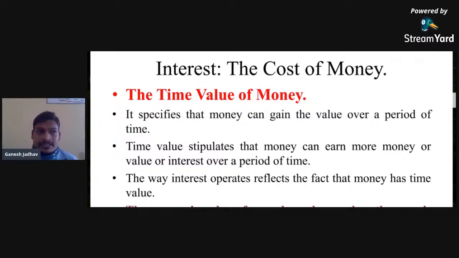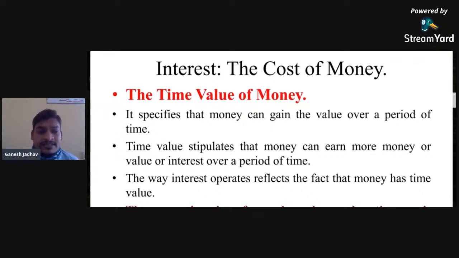If you have taken the money for 6 months, you are required to pay some value for that 6 months. But if you have used that money for 1 year, you are required to pay more value for that money, because you have used it for 1 year as against 6 months.